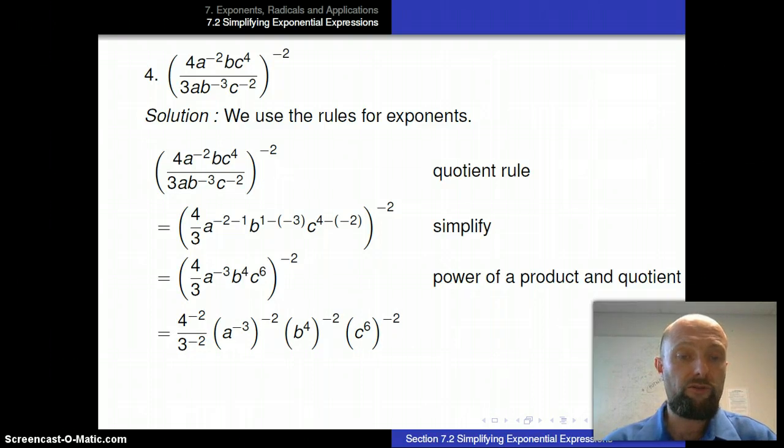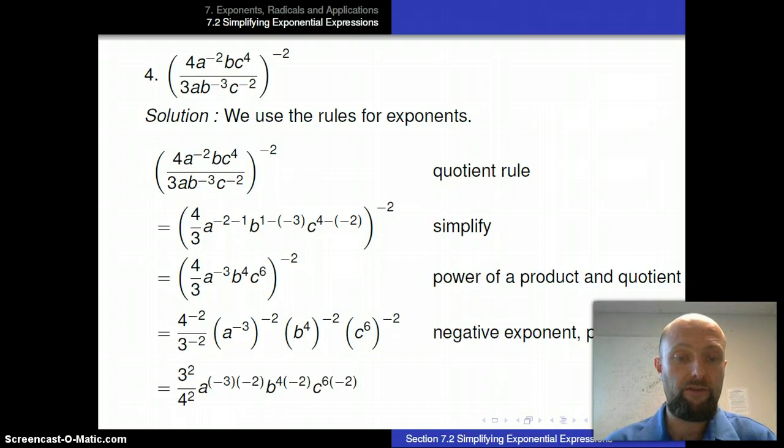To evaluate 4^-2 over 3^-2, we use the negative exponent rule to rewrite it as 3^2 over 4^2. For (a^-3)^-2, we use the power rule, which tells us we have to multiply the exponents. Similar for (b^4)^-2 and (c^6)^-2. And we get this expression.